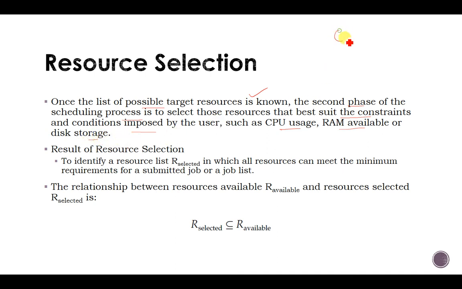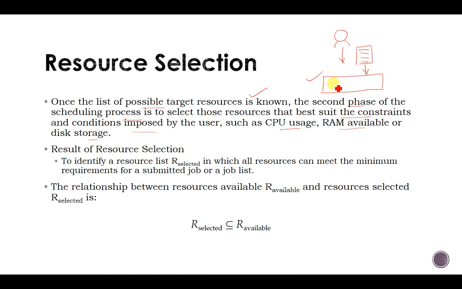That means whenever a user supplies a job, he has to specify his requirements, like how much CPU speed he needs, how much memory, and how much disk storage is required. So this list has to be prepared by the user, and this job will be supplied to the scheduler.